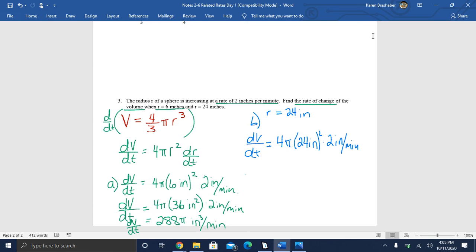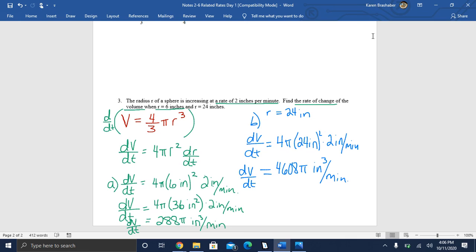And so your number gets much bigger there. And I'm just going to go ahead and multiply that out for you. So if you take 4 times 24 squared times 2, you'll end up with 4,608. Don't forget that you have pi, 4,608 pi. And again, it would be inches cubed per minute.